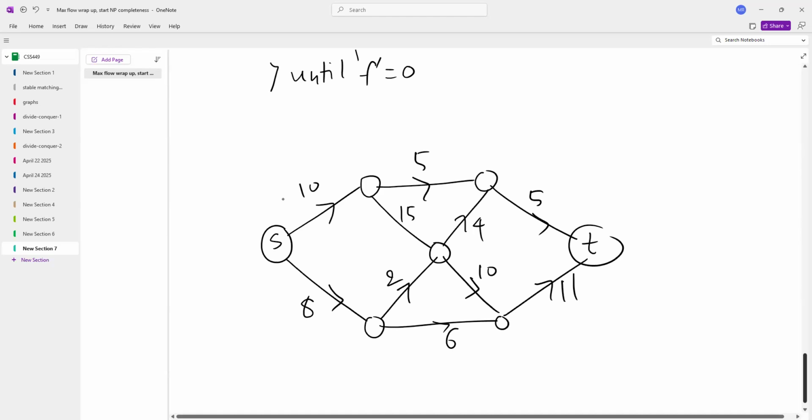Okay, so now this is our initial graph, and initially the flow is 0, so this is my residual graph, right? And then what do we do?